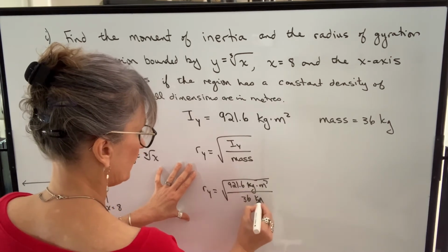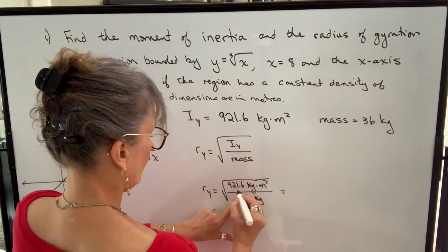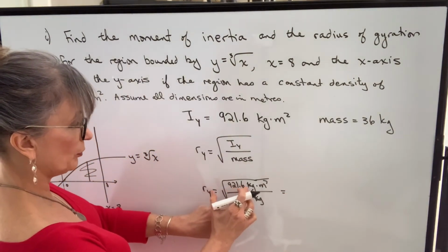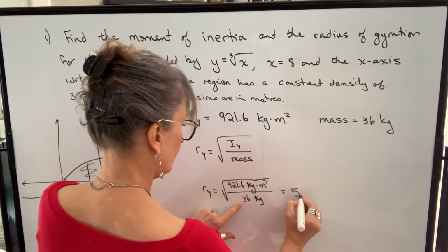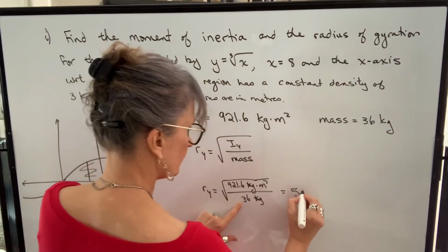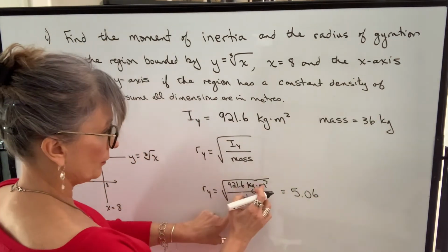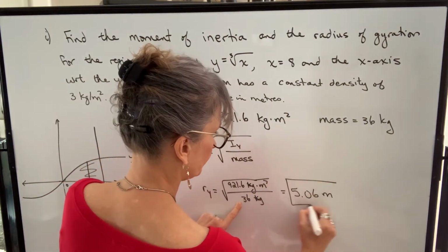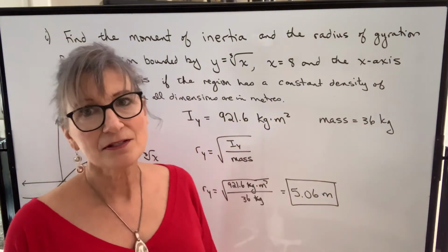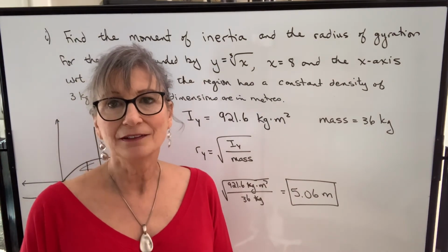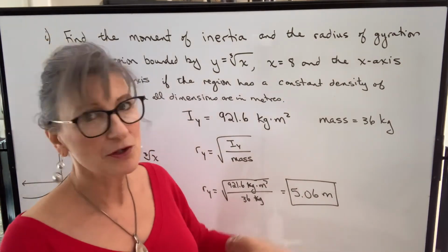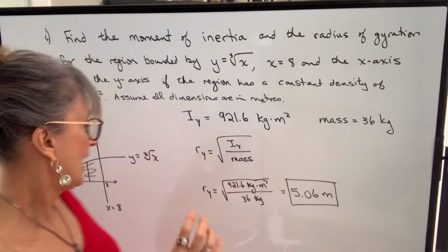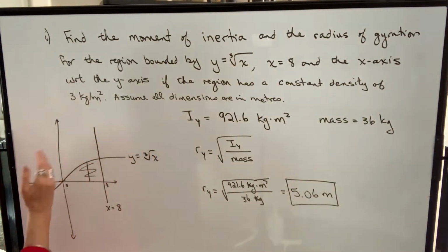The kilograms will cancel, and when we take the square root of 921.6 over 36, we'll get 5.06, and when we take the square root of meters squared, we get meters. So a mass of 36 kilograms on a line 5.06 meters away from the y-axis will have the same rotational inertia as this area does with respect to the y-axis.